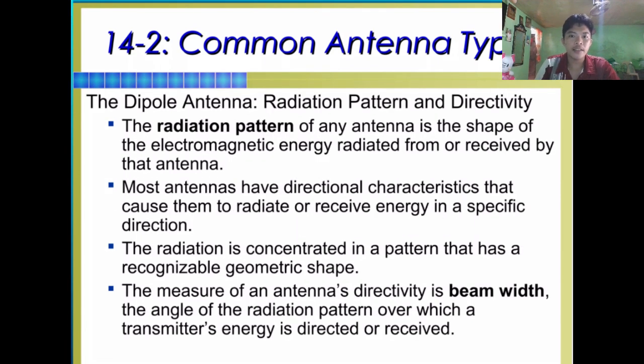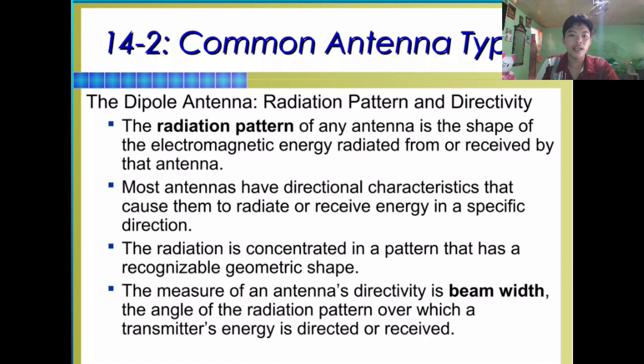Radiation pattern and directivity. The radiation pattern of any antenna is the shape of the electromagnetic energy radiated from or received by the antenna. Most antennas have directional characteristics that cause them to radiate or receive energy in a specific direction. The radiation is concentrated in a pattern that has a recognizable geometric shape.